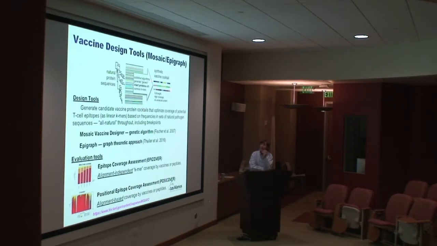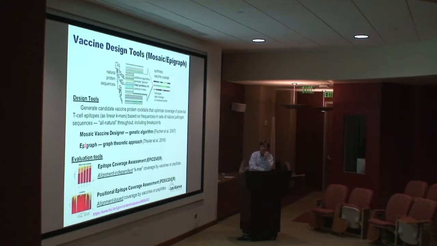Well, anyway, the point is we want to make a small number of proteins that incorporate a large amount of variability, and for this initial work, we were focused on T-cell epitopes, and there's a whole story that I won't go into now.